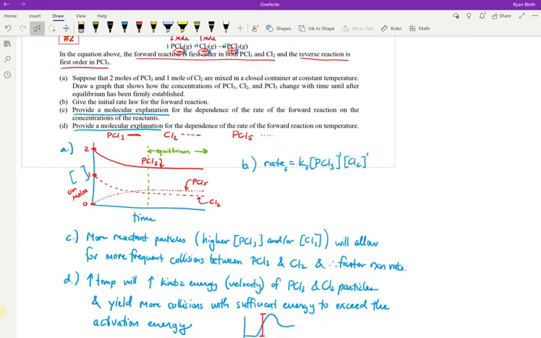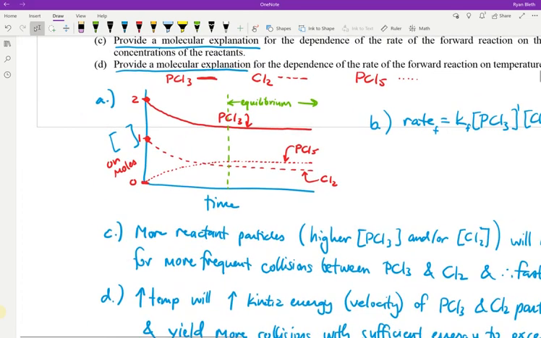Got a lot of things going on there, some ratios. We've got a little bit of, whether we know it or not, mole ratios, and almost some stoichiometry. It helps to be thinking about a rice table, even though they didn't ask you to do any calculations with a rice table. It helps to have that as a tool in your mental toolbox, because then you might remember that ratio of 1 to 1 to 1 comes through, and shows up here in the graphs and how the different paths on my graph are sort of reflections of each other.